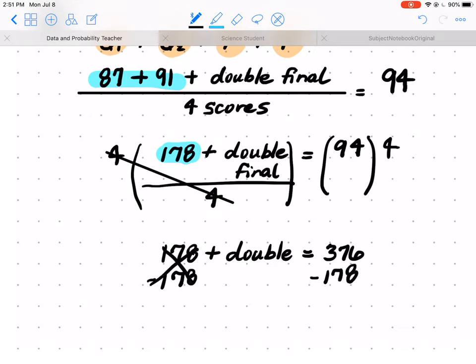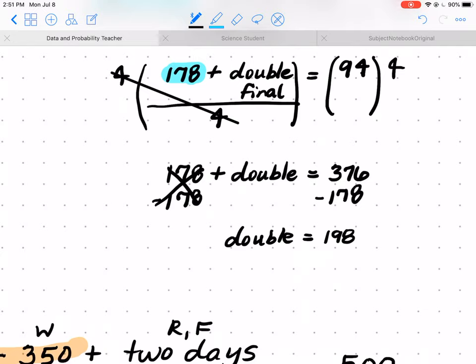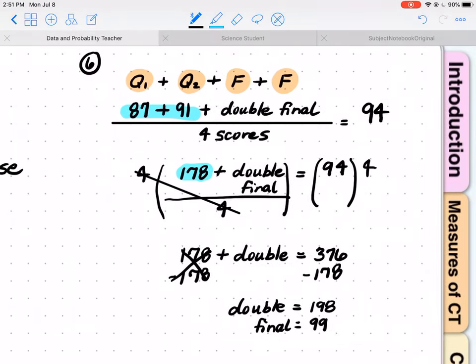So this is canceling. And you're left with the double final is 376 minus 178, which is 198. So if we divide that 198 by 2, so that we just get one final, you would have to score a 99 on your final to make that average, which is possible, but that's pretty tough to do.